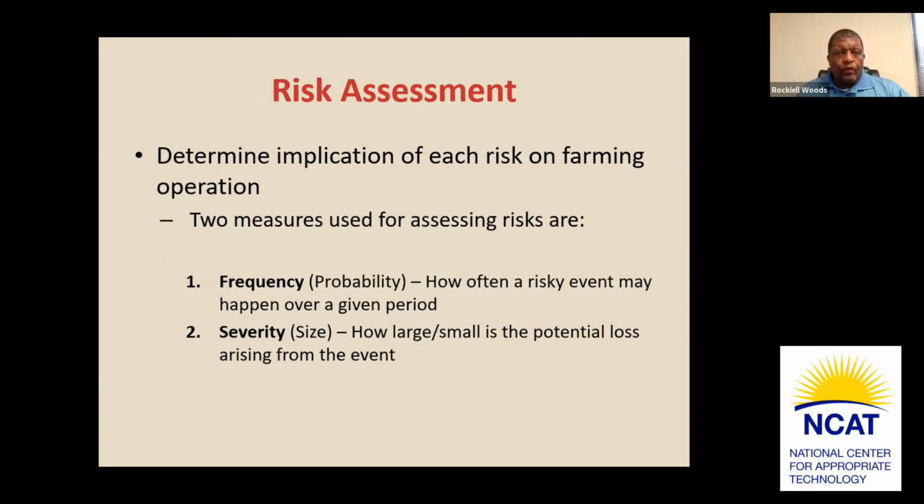Two measures used for assessing risk are the frequency, which is the probability, how often a risk event may happen over a period of time on your farm, and the severity, which would be the size. How large or small is that risk, and does it have the potential for loss arising from the event?